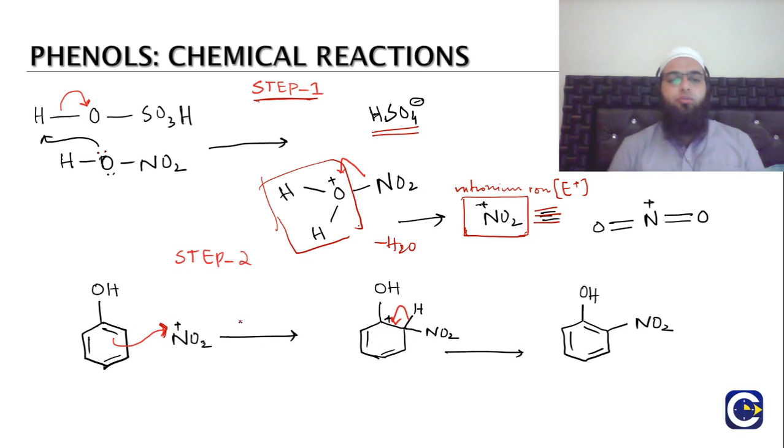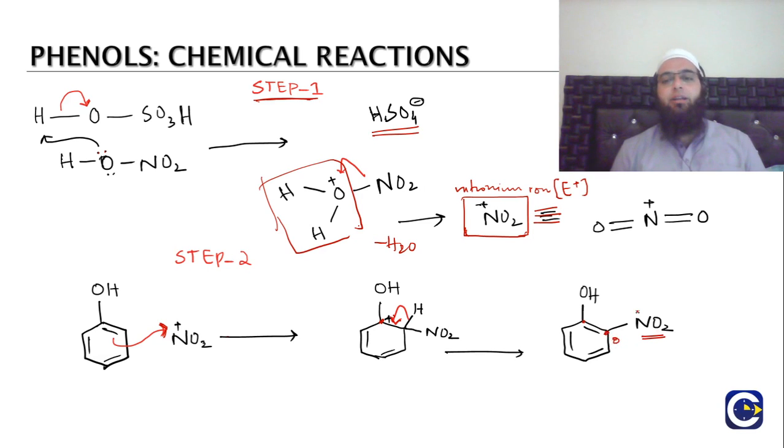Now we have a positive charge on this carbon here. This positive charge will be balanced by this electron pair. So the hydrogen will leave, and this electron pair will form a double bond between this carbon and this carbon, and the nitro group will be substituted at the ortho position of the phenol.